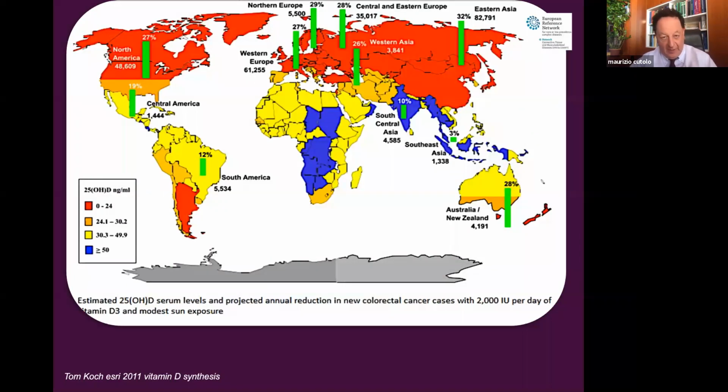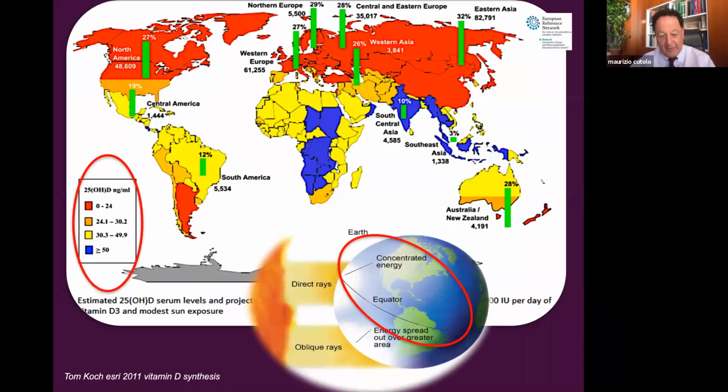But generally, where the sun is less present, the vitamin D concentration available in the serum is lower. So you see the red one in areas where the sun is less potent and the sun rays are horizontal, the action of the ultraviolet on cholesterol of the skin and on the synthesis of vitamin D is less potent. So the maximum is around the equator.